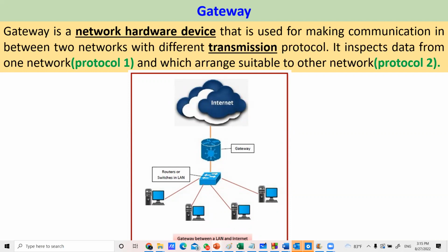For a bridge, the two local area networks have the same protocol. In that case, a bridge is okay, but if the protocol is different, you need another type of device called a gateway. That is the difference. That's about the network devices we discussed up to now. The last one is the gateway.